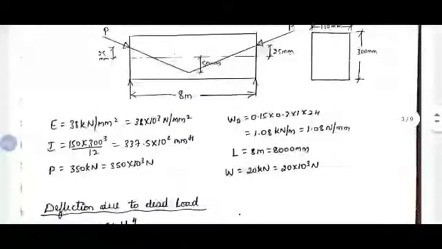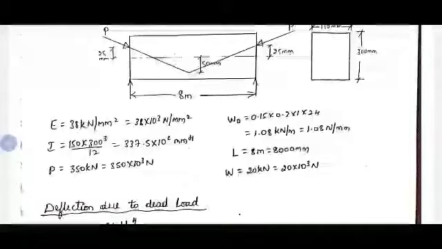So let us take down the given data. E, modulus of elasticity of steel, moment of inertia BD cube by 12, P 350 kilonewton is given, dead load cross section into density, we will get 1.08 kilonewton per meter, length 8 meter, W 20 kilonewton.